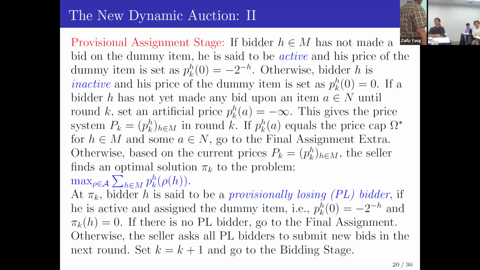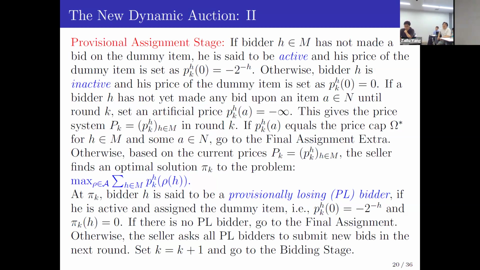For minus infinity, when the seller tries to find a set of bids which maximize the seller's revenue, then the seller will never choose the bundle of items that the bidder has never bid on. So that's the intuition.